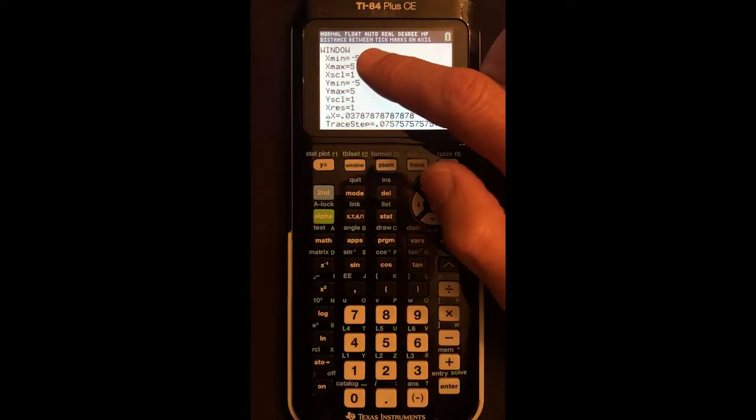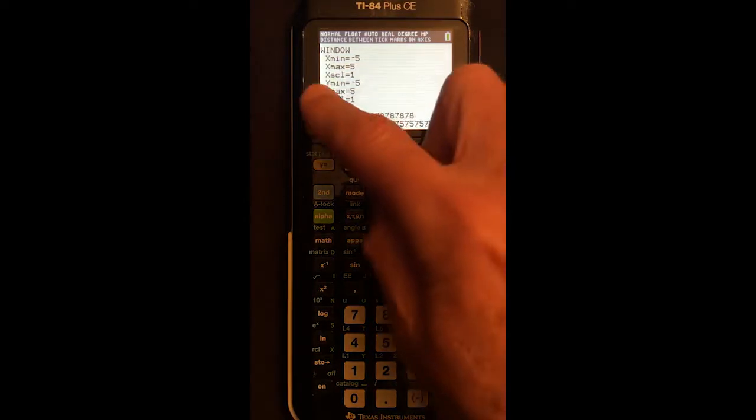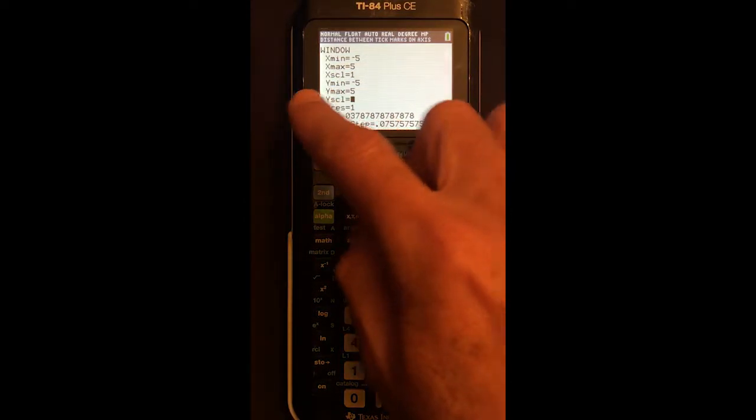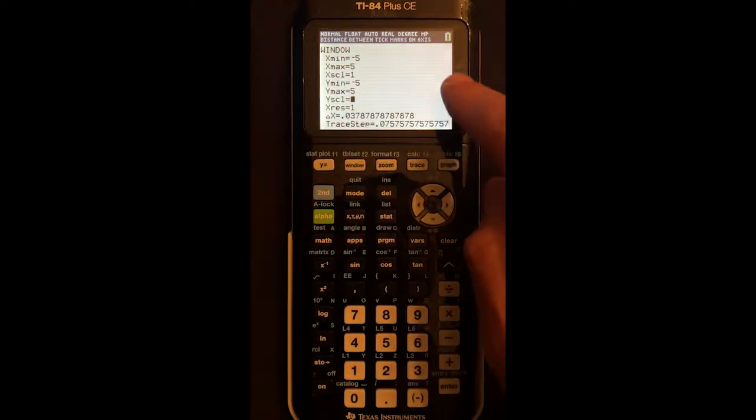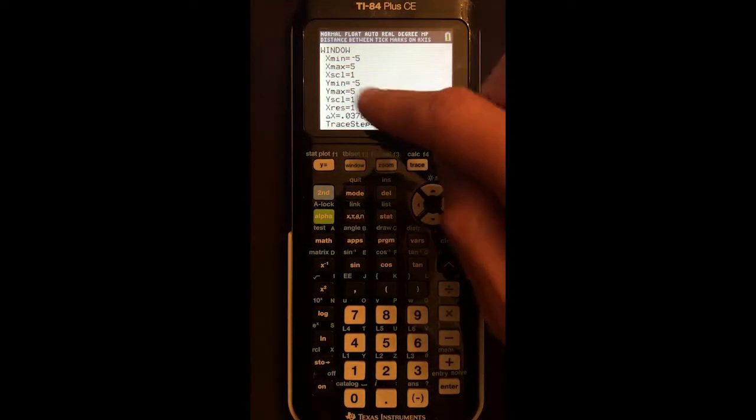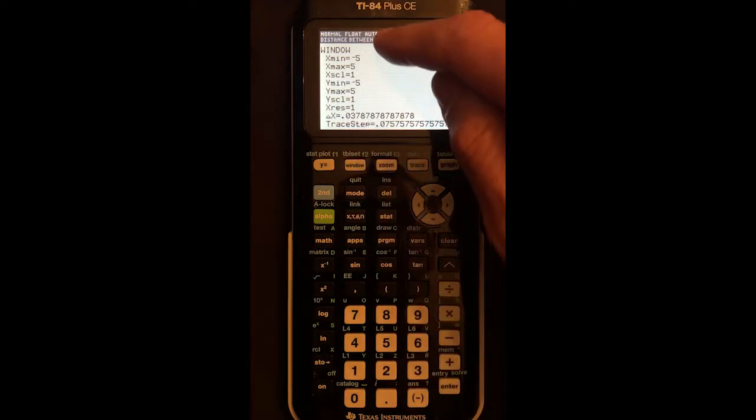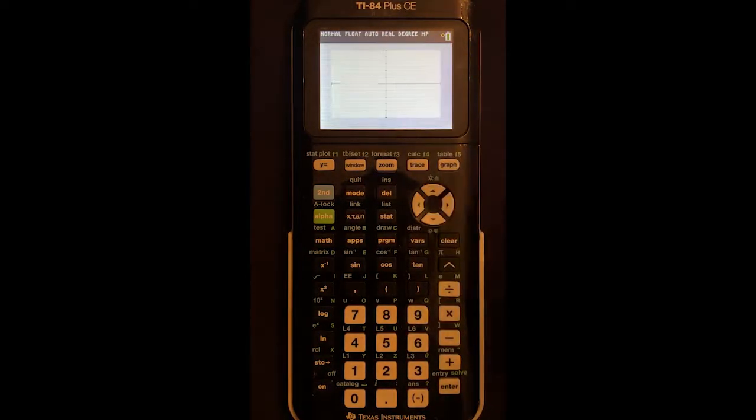What am I doing here? I'm telling the calculator that I wanted to start with an x value of negative 5 on the left-hand side and go all the way to 5 on the right-hand side. That's on the x-axis. And then for the y-axis to start at negative 5 and then go all the way up to positive 5. Look what happens when I press graph. You can now see the xy axis. And it's graphing both lines.